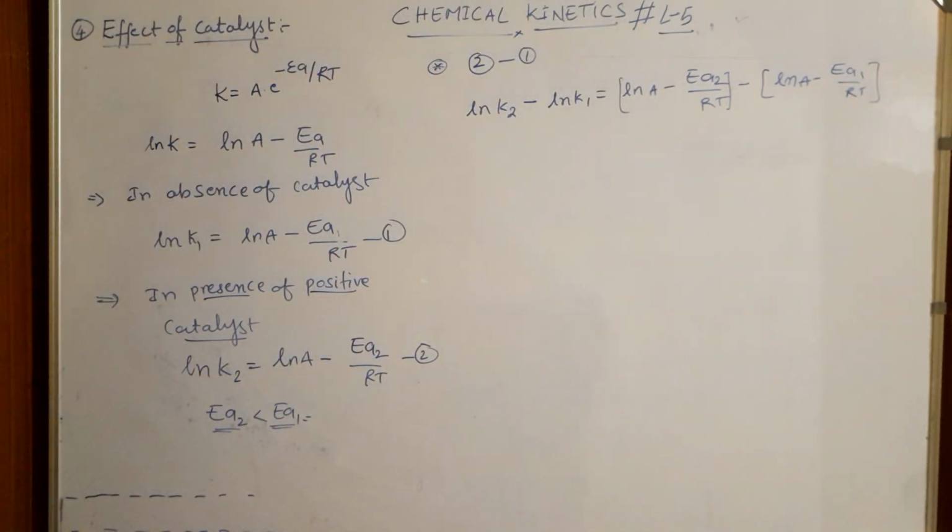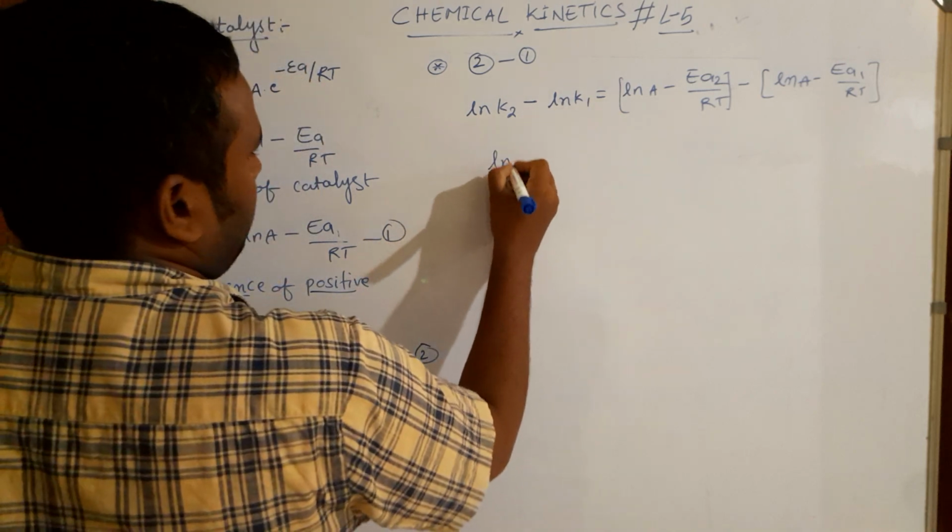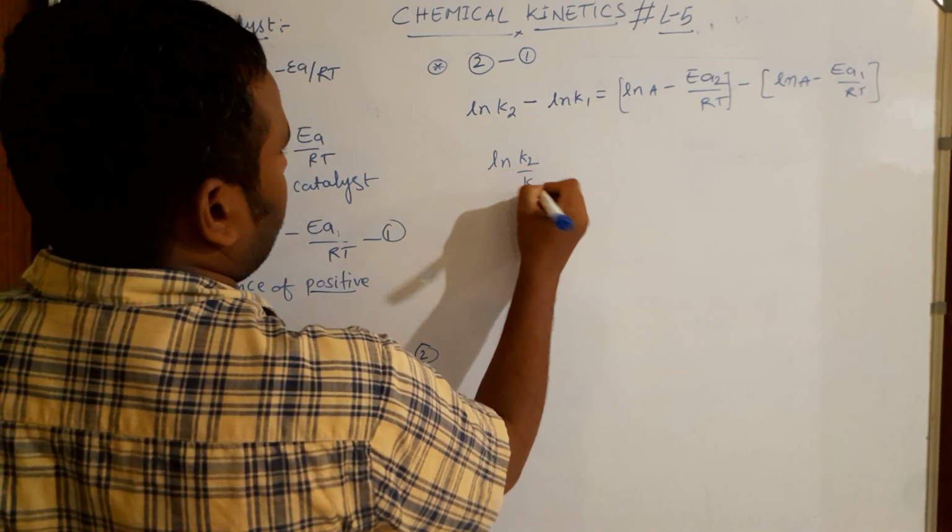Now ln K2 minus ln K1 will become ln K2 by K1.